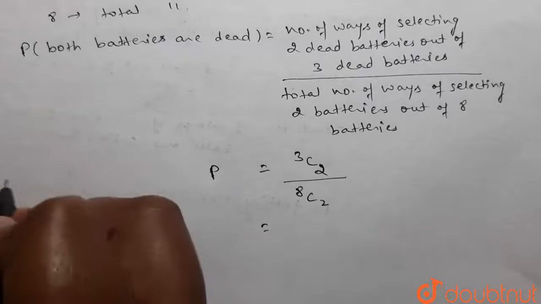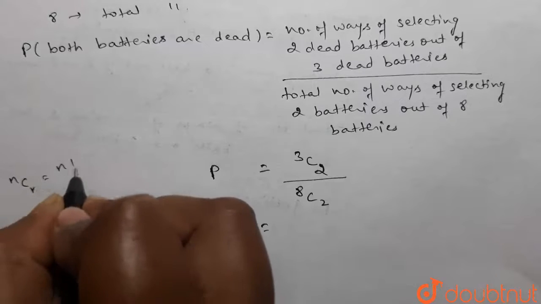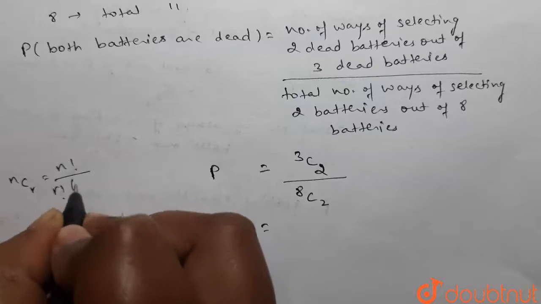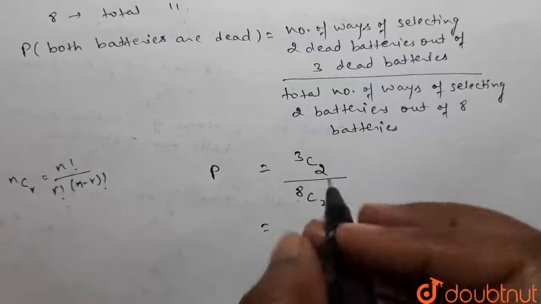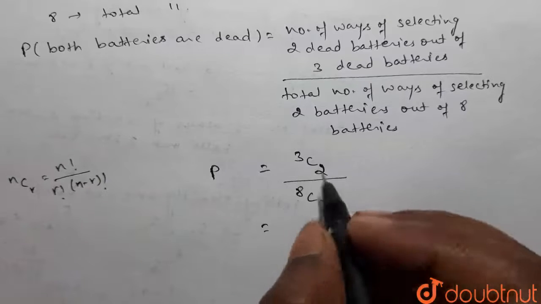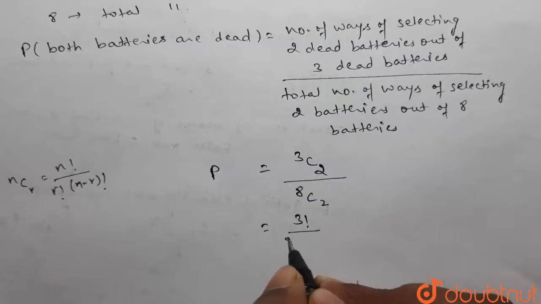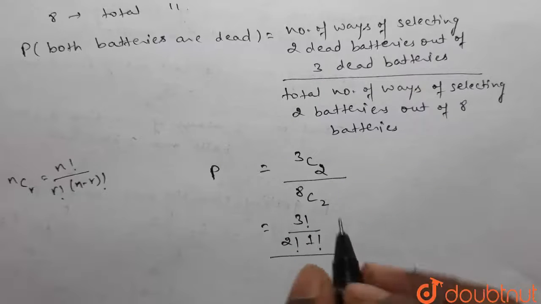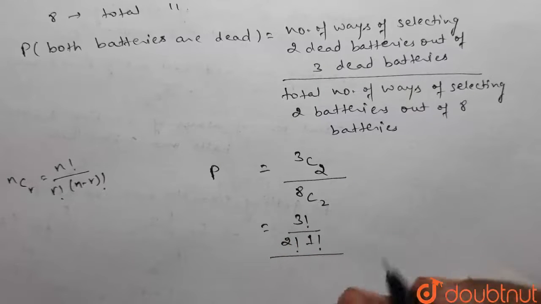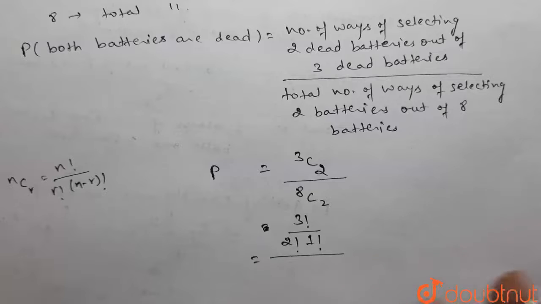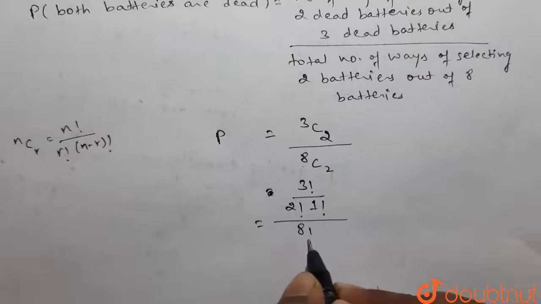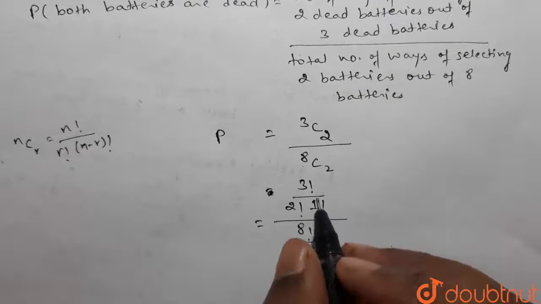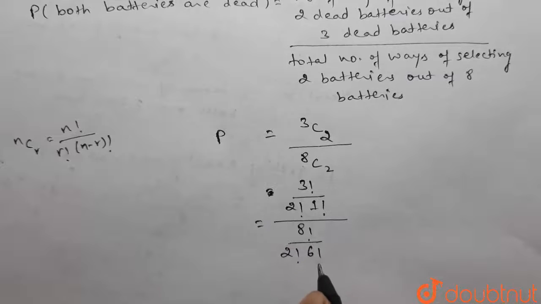Now we know that nCr is given as n factorial divided by r factorial into (n minus r) factorial. So 3C2 will be equal to 3 factorial divided by 2 factorial into (3 minus 2), which is 1 factorial, whole divided by 8C2, which will be equal to 8 factorial divided by 2 factorial into (8 minus 2), which is 6 factorial.